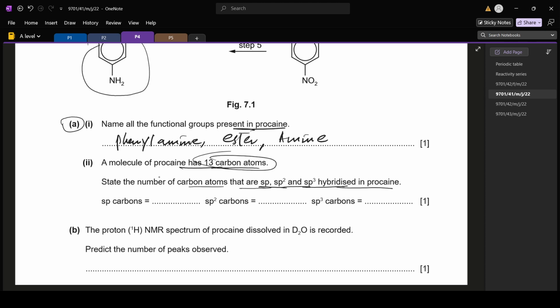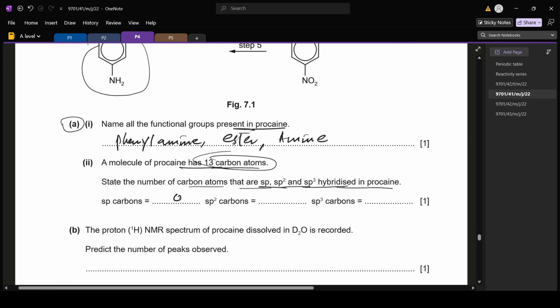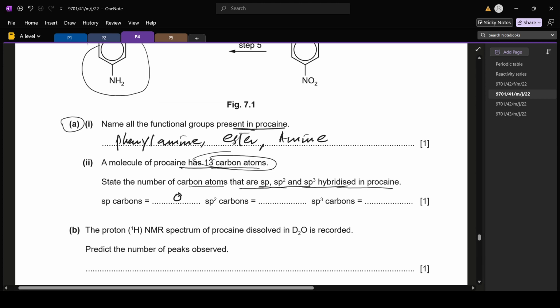For sp you must have a triple bond, so there is no triple bond in procaine. So no sp carbon. And for sp2 you have a double bond, so each carbon in this ring has a double bond, so 6 carbons, 1 2 3 4 5 6. And then this carbon with oxygen also forms a double bond, so 7 carbons have sp2 hybridization.